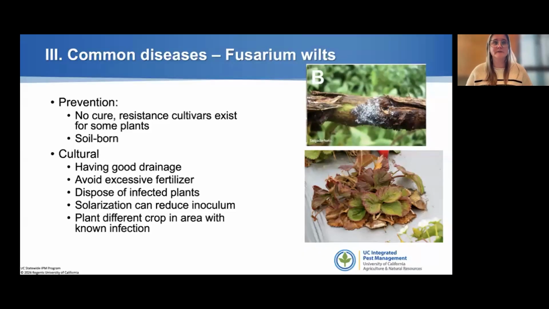Avoid excess fertilizer, because that makes plants prone to disease. Removing infected material and solarization can reduce that inoculum load and can help minimize issues that you might have with Fusarium wilt. But if you have a known issue in a certain area with Fusarium wilt, oftentimes it's better to just rotate to a different crop that's not going to be susceptible.